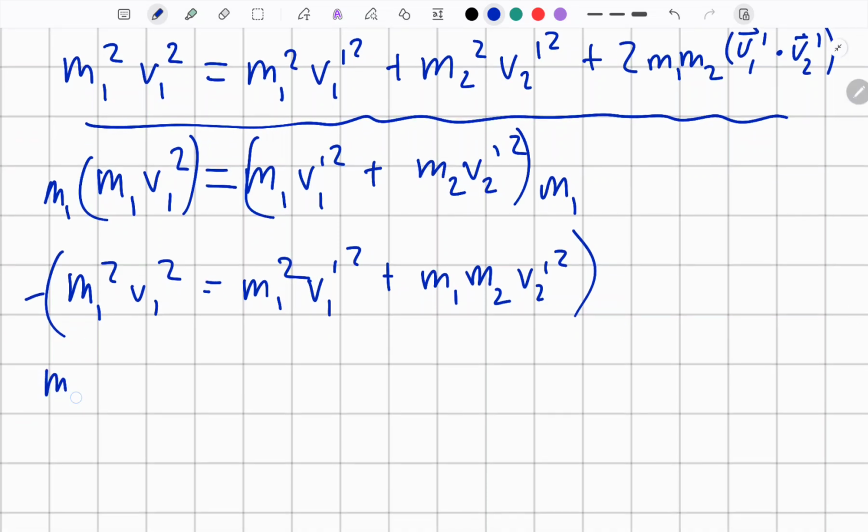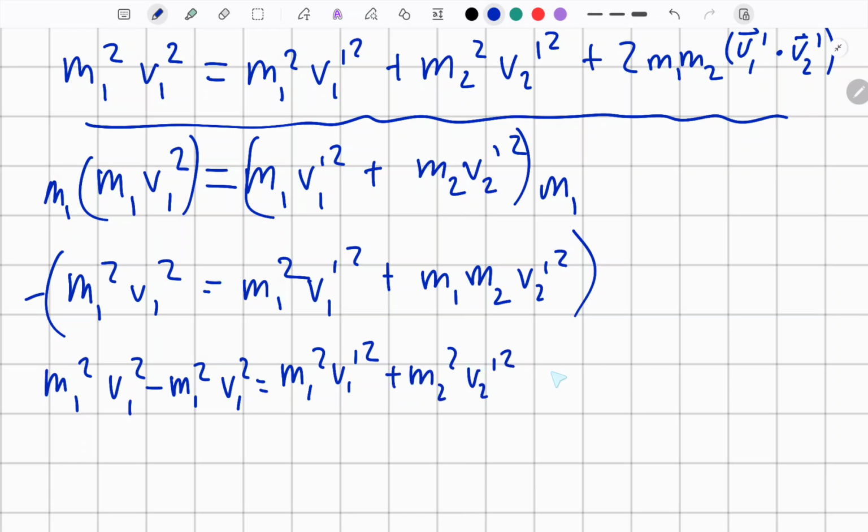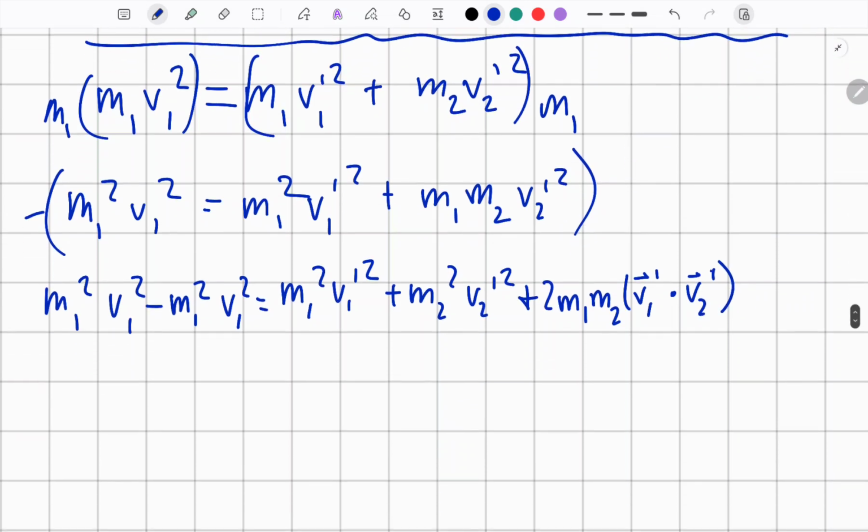Now subtracting, we're going to have m1 squared v1 squared minus m1 squared v1 squared on the left hand side. Now we're going to have m1 squared v1 prime squared plus m2 squared v2 prime squared plus 2 m1 m2 v1 prime dot v2 prime, minus m1 squared v1 prime squared minus m1 m2 v2 prime squared.